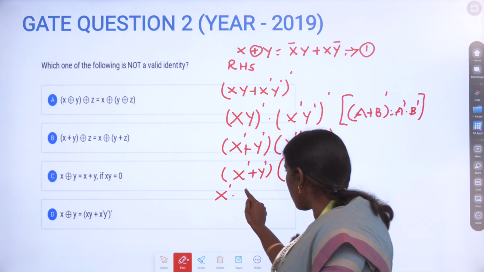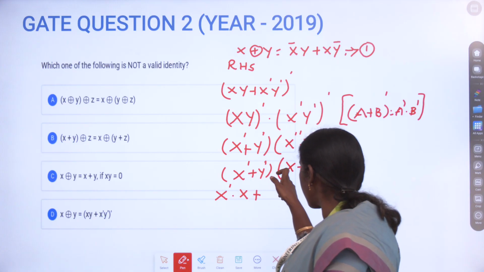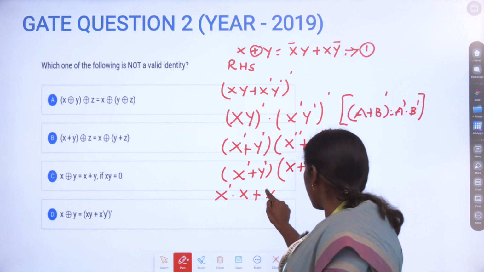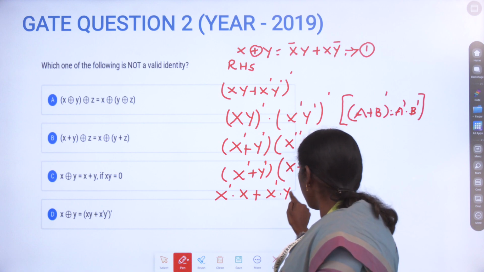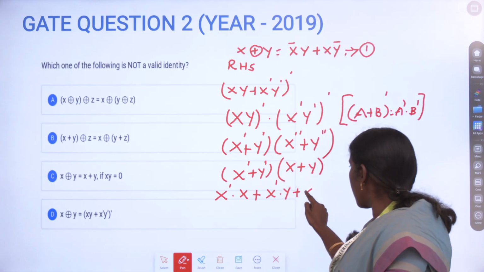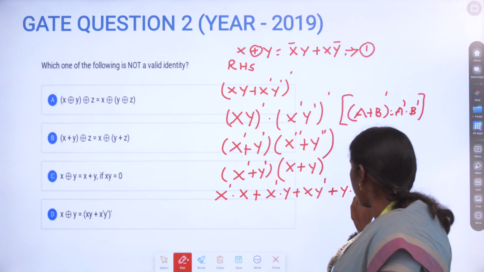So now let me multiply each and every term. x dash dot x plus, I have multiplied this term with this term, plus I am going to multiply this term with the other term. So x dash dot y plus x y dash plus y dash dot y.